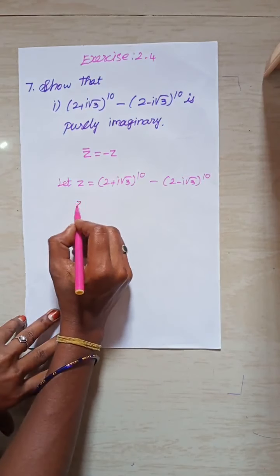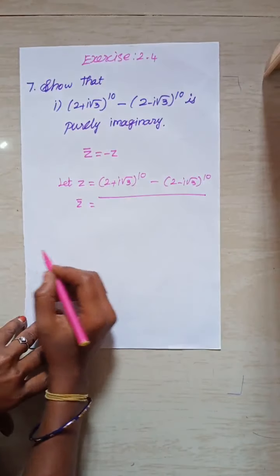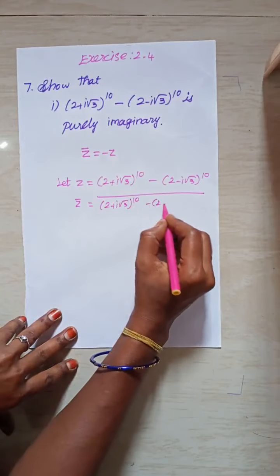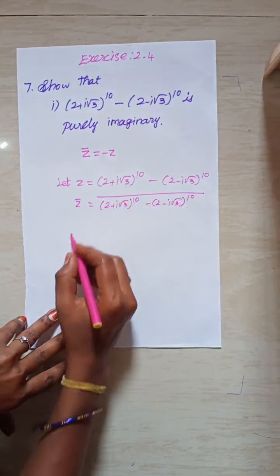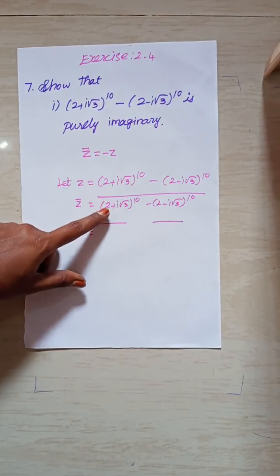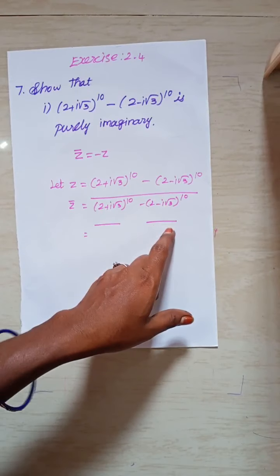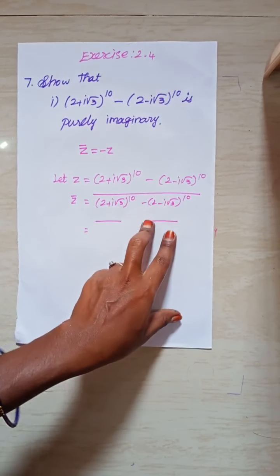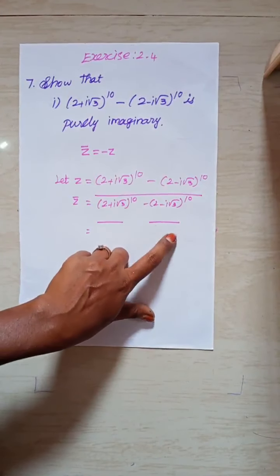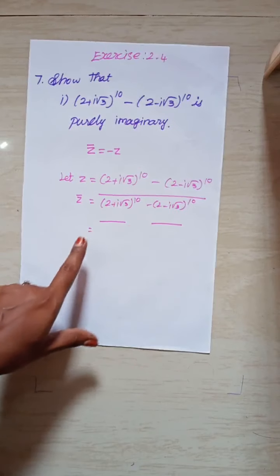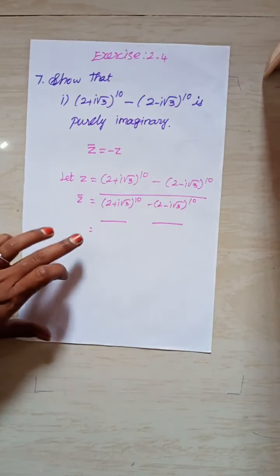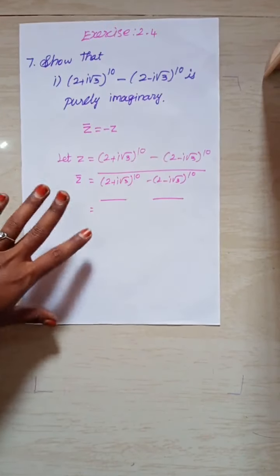Then take z bar of this, which means take the whole bar and write it separately. The bar turns 2 plus i root 3 into 2 minus i root 3, and 2 minus i root 3 into 2 plus i root 3, which is in the form of z but with the sign reversed. Taking minus commonly outside, we get minus z. So z bar equals minus z, and so it is purely imaginary.